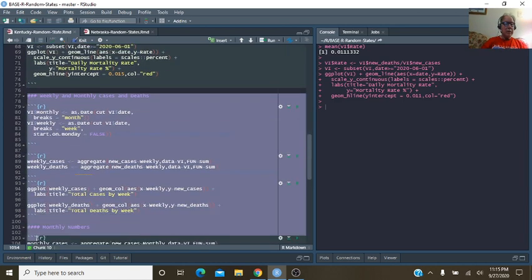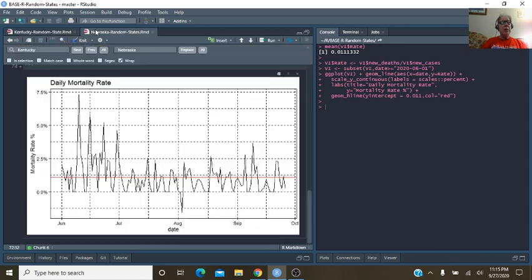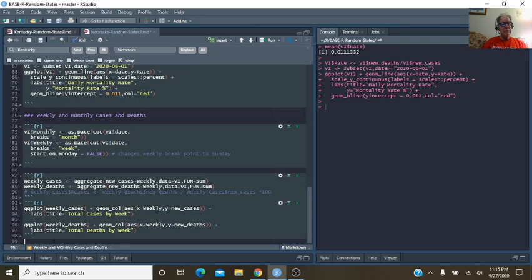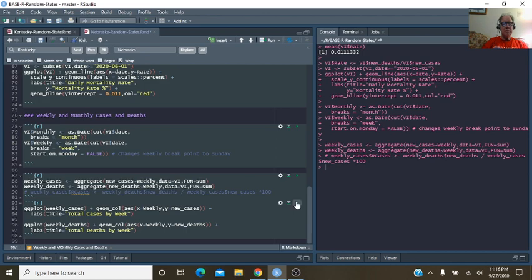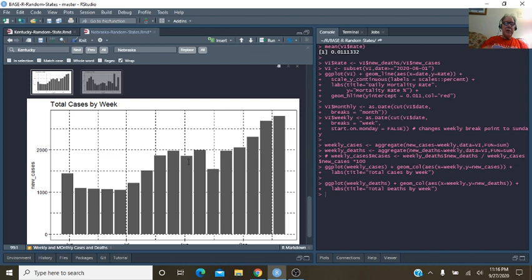Let's see if we can maybe come up with a little more insight with the weekly averages. Well, obviously, the cases pretty much match the daily numbers, which continue to climb upward as far as cases.